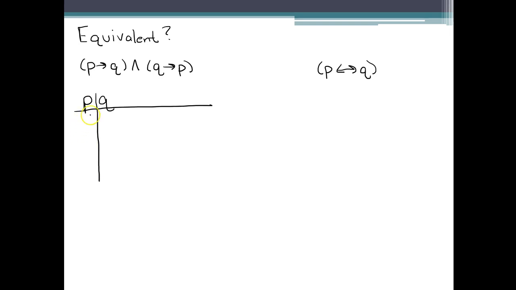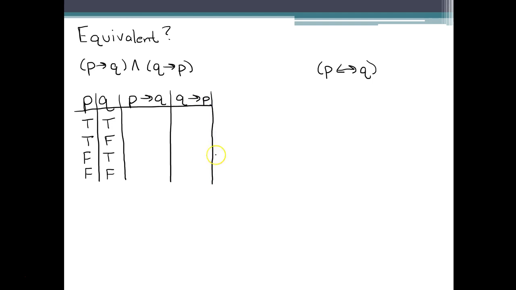Starting with the first statement, we're just dealing with P's and Q's, so we'll do our initial standard setup. And in that first statement, we have two sets of parentheses we have to handle. And then after we handle those, we can do the and joining them.